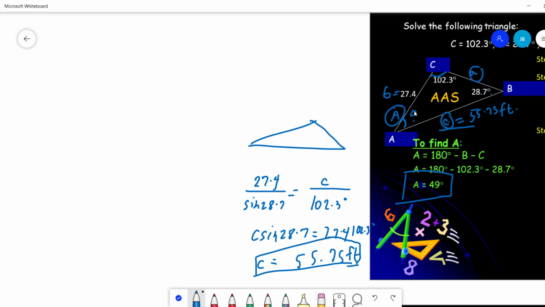We already have 49 degrees. So therefore, side A over sine 49 is equal to, you can use either side C or side B. To be exact, let's use side B. So that's 27.4 over, what is the angle for side B? Once again, that is sine 28.7.